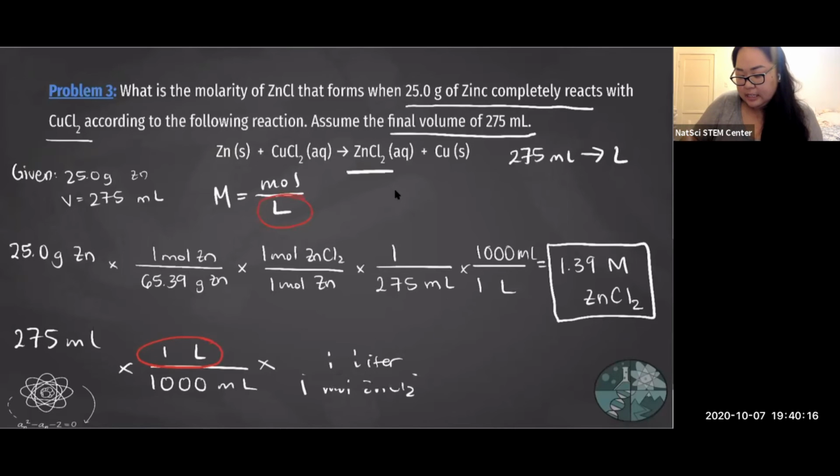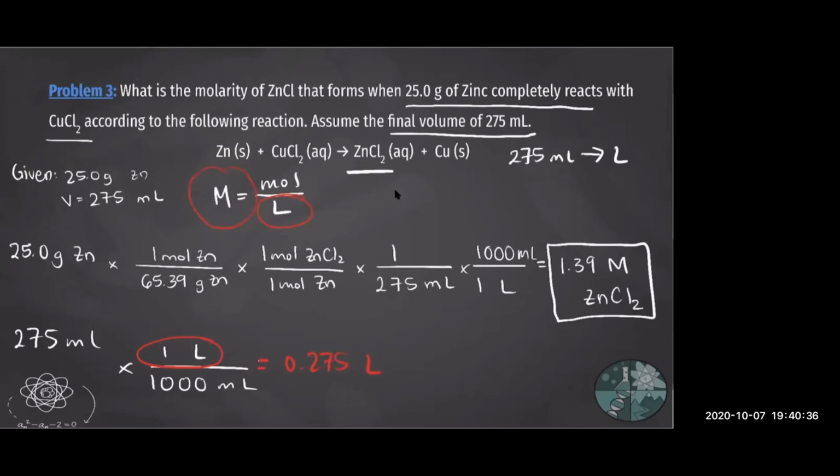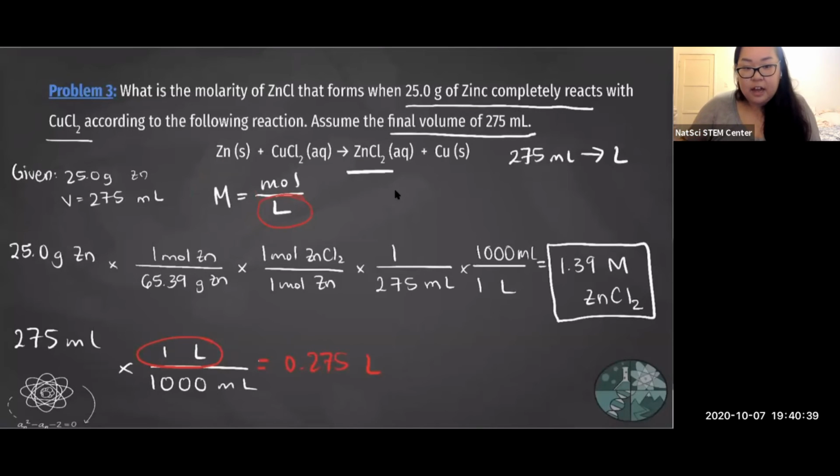If you had instead stopped here and found that 275 divided by 1000 is 0.275 liters, and saved that to plug it into this formula, and then you do everything up to here, and you take that number that you get, and you divide it by this volume, you should get 1.39.